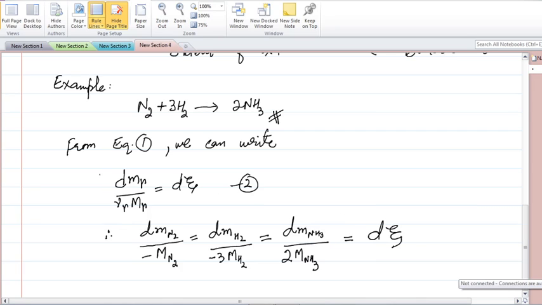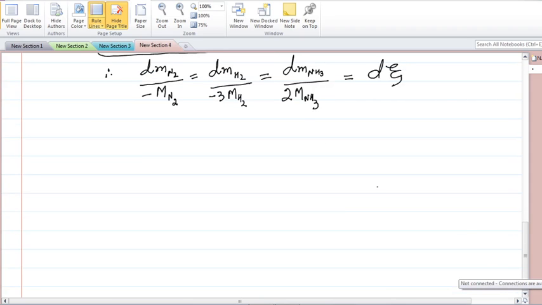We have simply applied this relation, which was the equation first. Basically we wrote that equation first in this form also, so we have taken a simple example of formation of ammonia here.